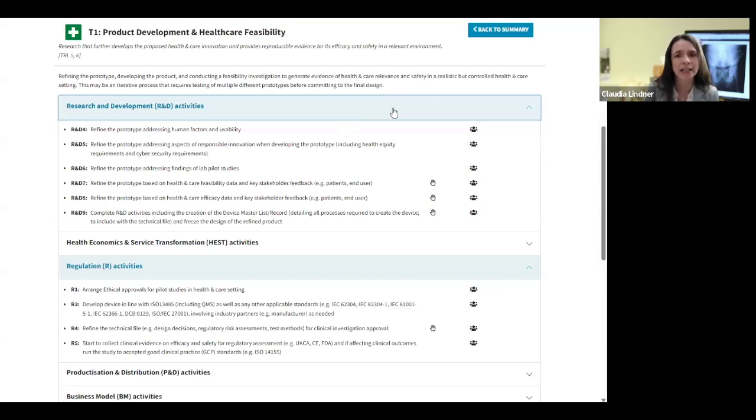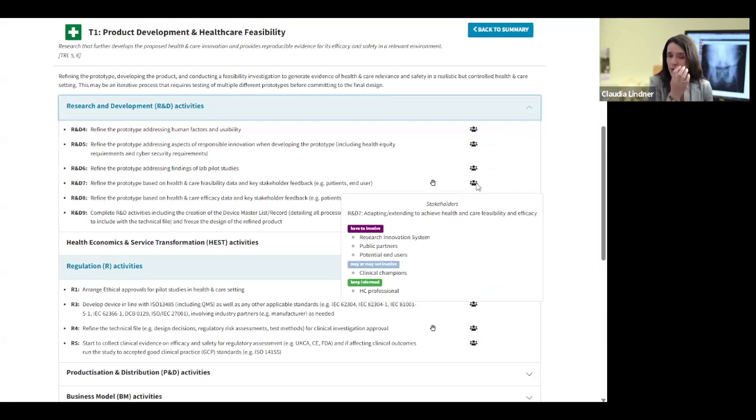Now, the second icon is an icon that appears for every activity. It's our people icon. And so that's the stakeholder mapping that we have done for each of the activities. And with regards to the stakeholder mapping, we've included 3 different types of stakeholders. We have stakeholders where we suggest you definitely have to involve them as part of this activity.